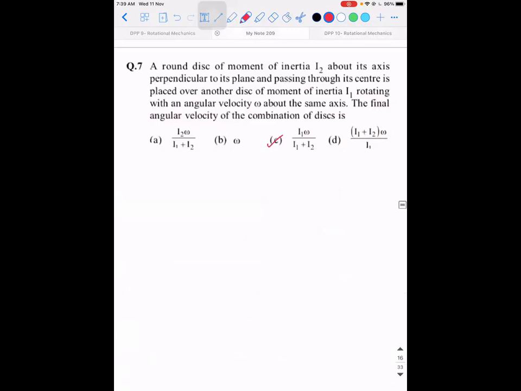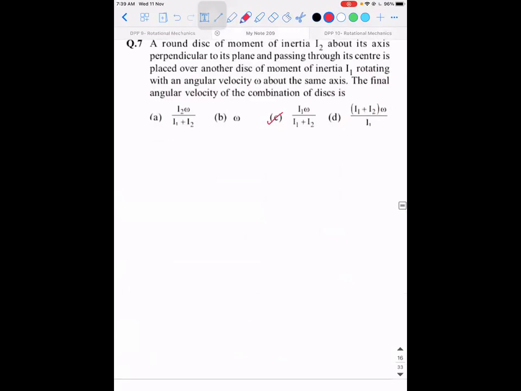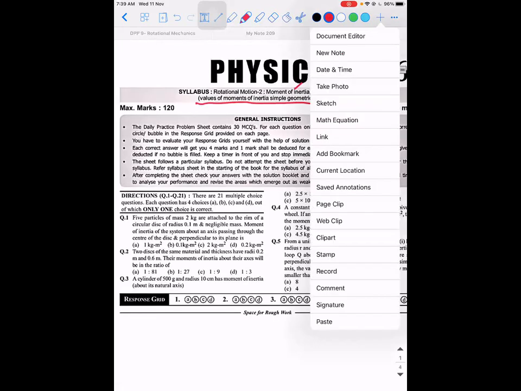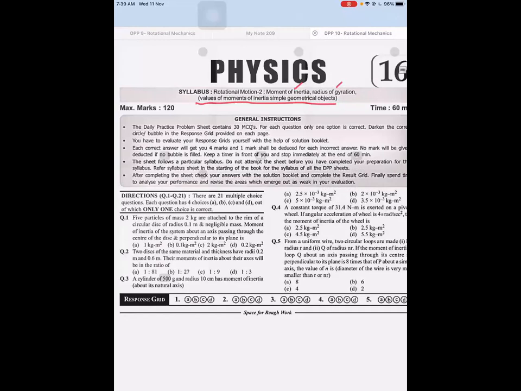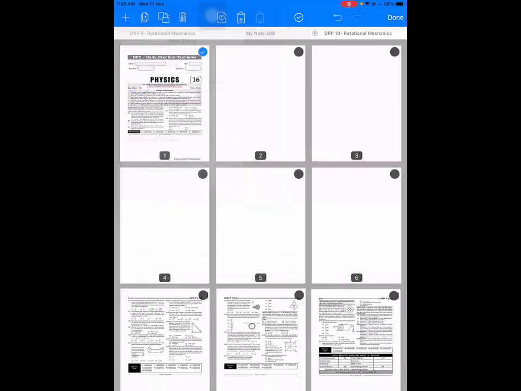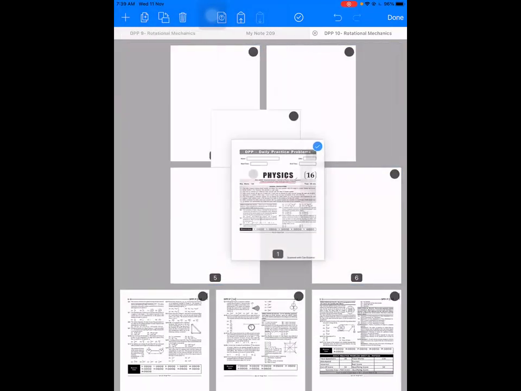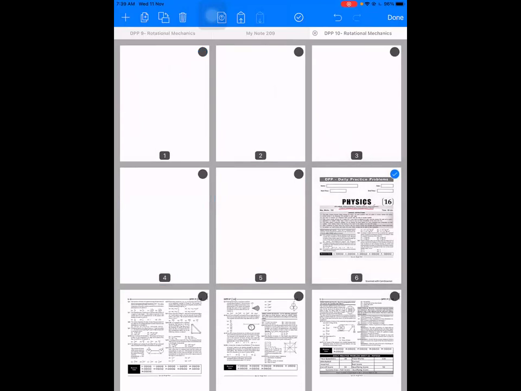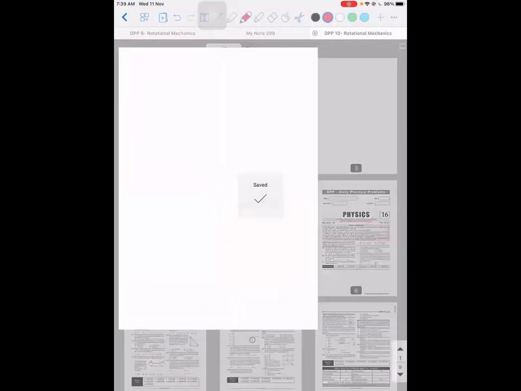Okay. So I've already told you what is moment of inertia. What is it? Resistance to motion. So resistance offered to the torque applied on the object, right? And we also know I is equal to, what is the formula?